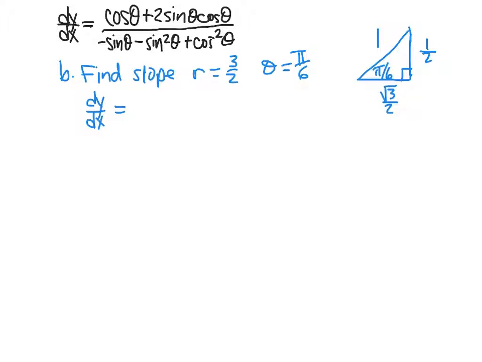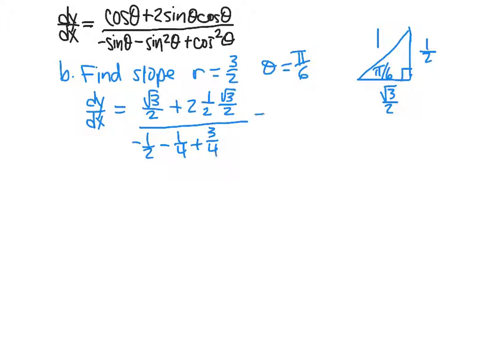So cosine of pi/6 is the square root of 3/2, plus we got 2 times the sine of pi/6, which is 1/2, times the square root of 3/2, over minus 1/2 squared, which is 1/4, plus cosine squared, which is 3/4.